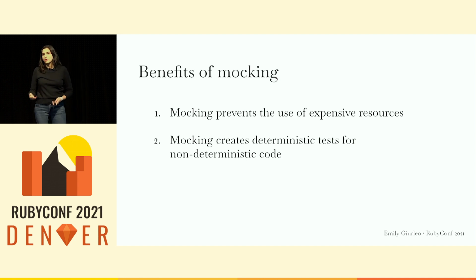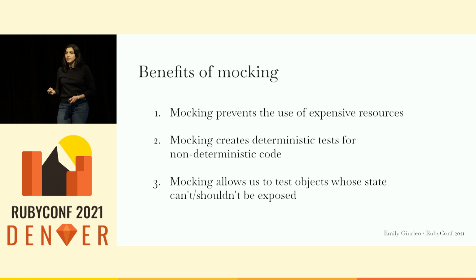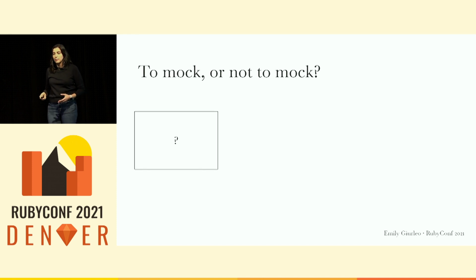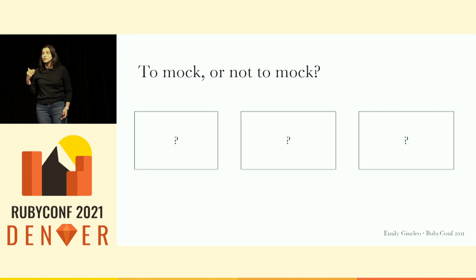It can also create deterministic tests for non-deterministic code. And finally, it can help us test objects whose state can't or shouldn't be exposed. In going through these 3 scenarios, we're going to work together to identify a framework that we can use going forward to answer the question for ourselves, to mock or not to mock.